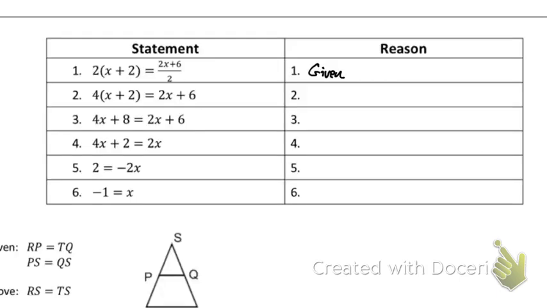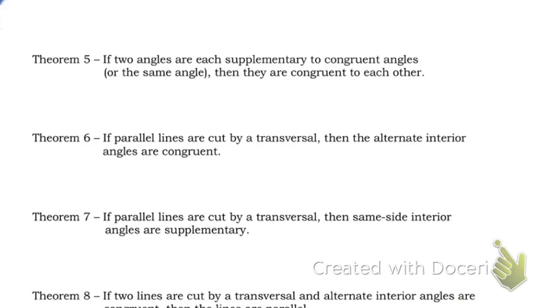Because what we're going to do is go back to our theorem sheet, where it says if two angles are each supplementary. I'm going to add a little bit to that.